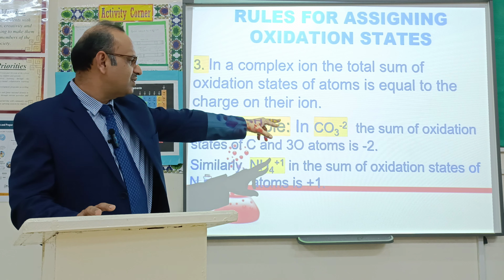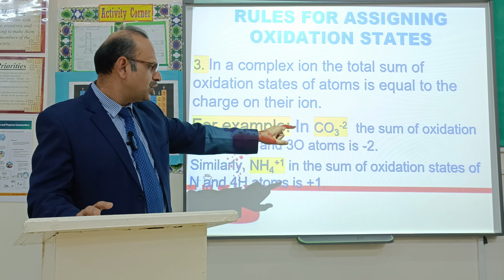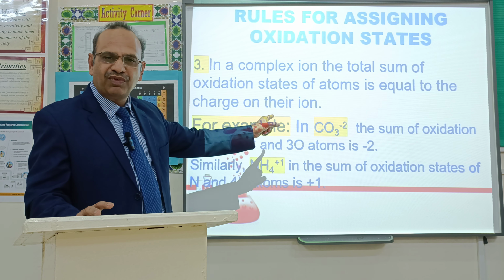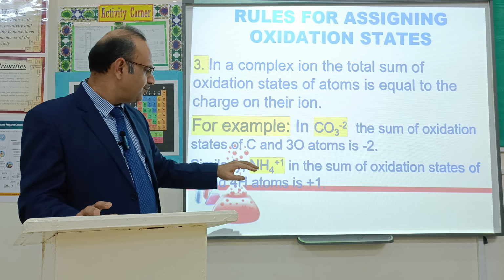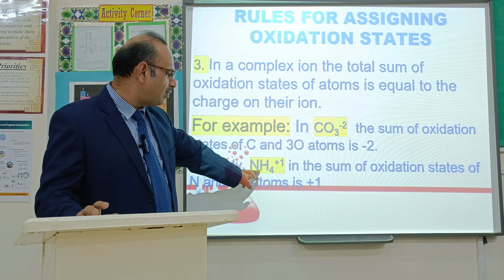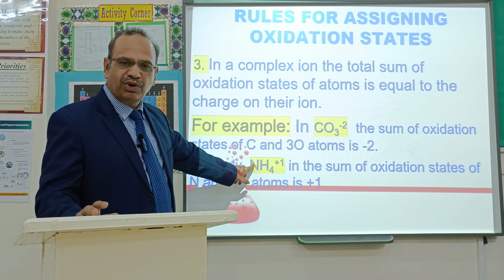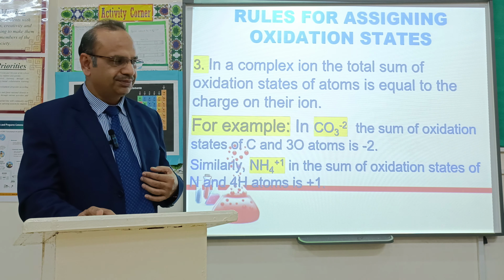For example, this one is a complex ion, carbonate CO3 2 minus. When we take the sum of the oxidation numbers of carbon and oxygen, it should be equal to minus 2. Look at NH4 plus. When we calculate the oxidation numbers of nitrogen and hydrogen, the sum should be equal to plus 1.